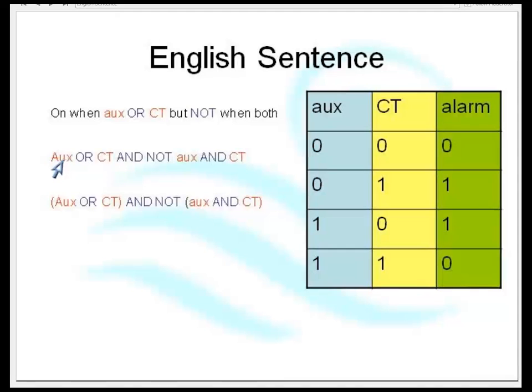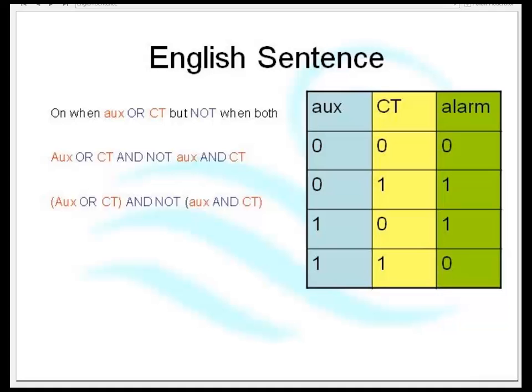And I know that if I can make an English sentence, I can make a circuit. So, I'm going to slightly rewrite that sentence as: it's on when the auxiliary or the CT, and not the auxiliary and the CT. Now, interesting words are being used there. Auxiliary or the CT. Or means two switches in parallel or series.